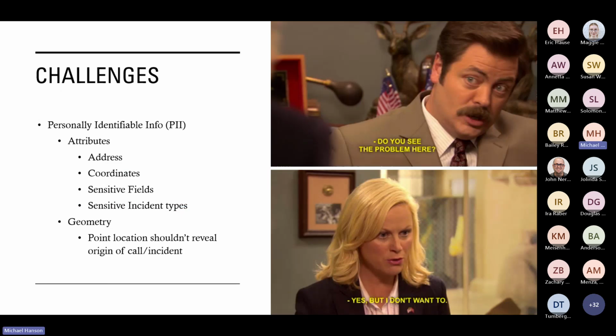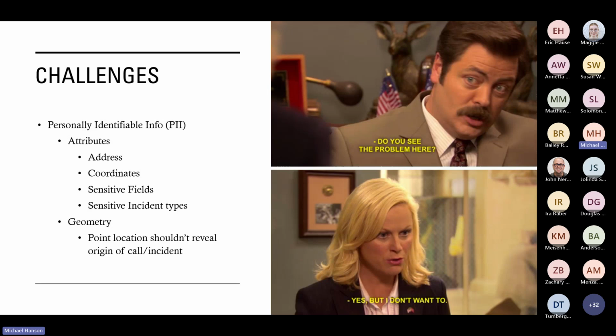All right, so the real challenge with this project of publishing our police data for the public to consume is taking what is ostensibly our most sensitive data set, full of personally identifiable info, and making that public. So when talking about anonymization in this context, I'm talking about both attributes and geometry.